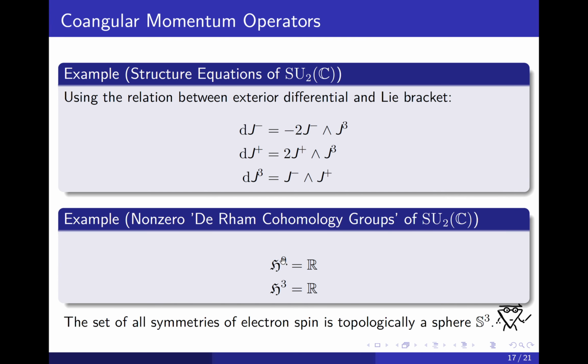The zeroth de Rham cohomology group is R, and the third de Rham cohomology group is also R. The zeroth cohomology group corresponds to the number of connected components, and the third de Rham cohomology group corresponds to the fact that your group SU(2) is topologically a 3-sphere, which is desired.